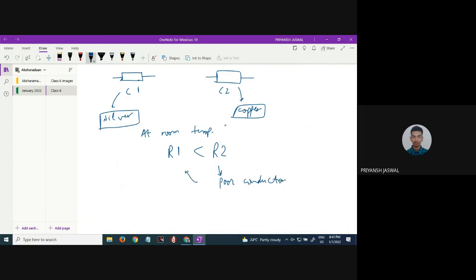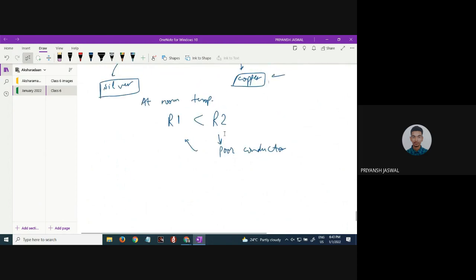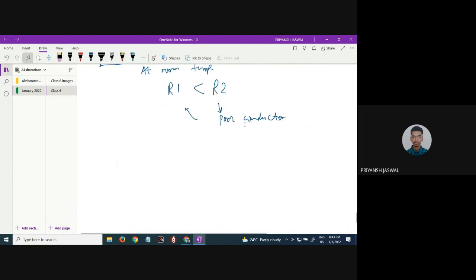In general, copper is a good conductor of electricity, but as compared to the silver, because silver has less resistance, it will be considered the good conductor out of the two, and we can say copper is the poor conductor out of the two. But in general, copper is also a good conductor, which is the material which we use for the wirings in our houses also.